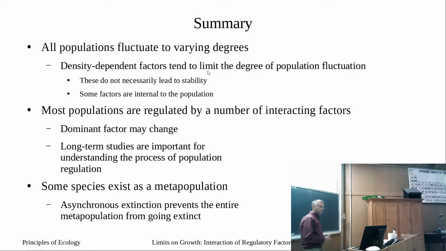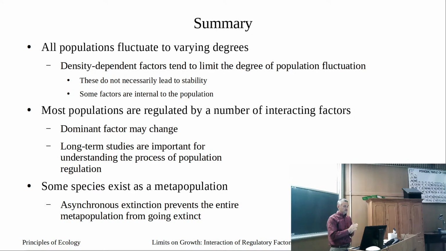These are both regulatory mechanisms that can limit population size. Then we talked about how we don't have a single factor that regulates our population through all time. You may have a single factor that works at a specific time point while we're looking at it, but that dominant factor is going to change, and we need long-term studies to really reveal which factors are acting on our population.